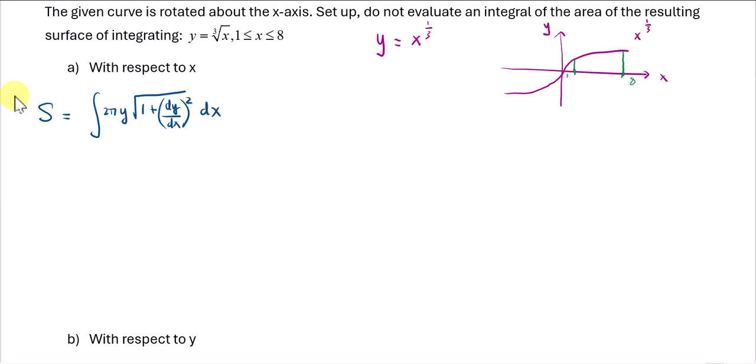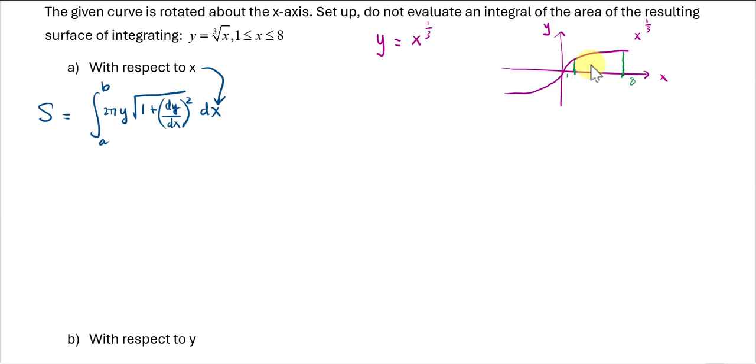Again, with respect to x, so I expect this to be the dx. And again, it goes from A to B in this case. So we are focusing on the x-axis, so it will be from 1 to 8 because we move on the x from 1 to 8. This is the region that we want to find the surface area.